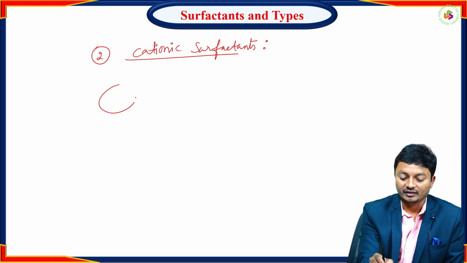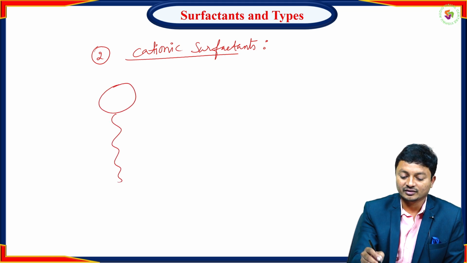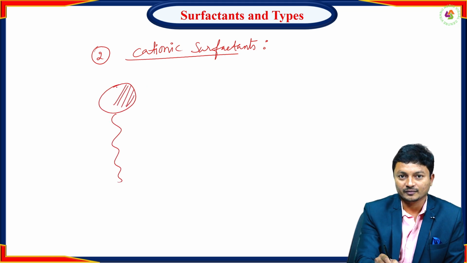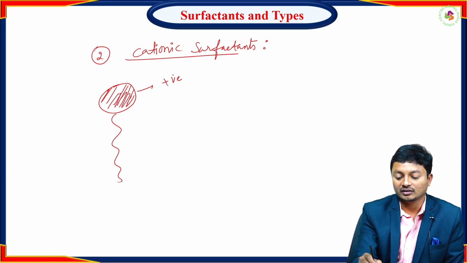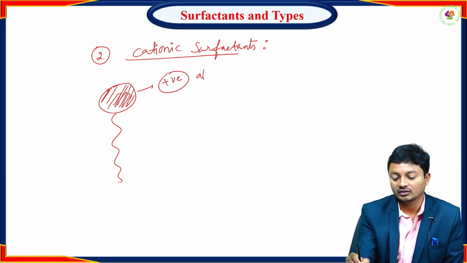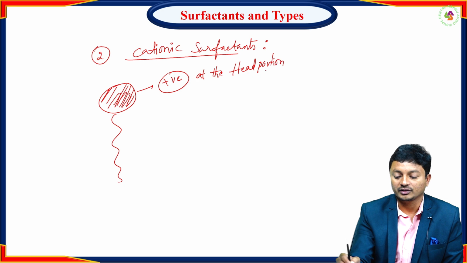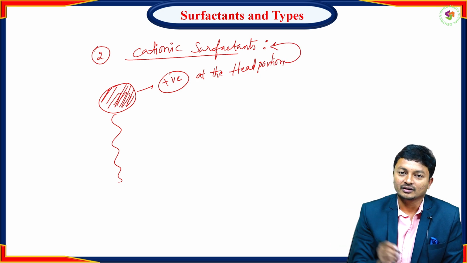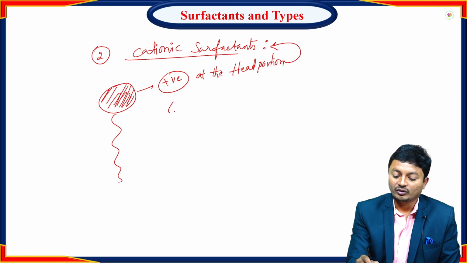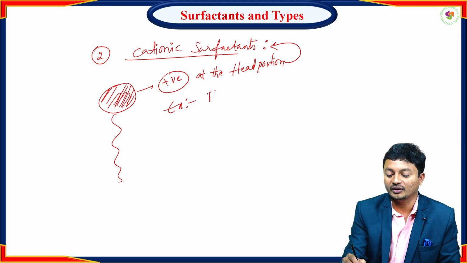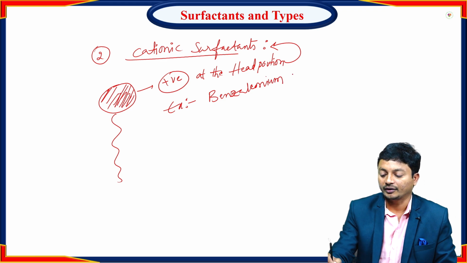These are surfactants which contain positive charges at the head portion, and are known as cationic surfactants. An example of these cationic surfactants is benzalkonium chloride.